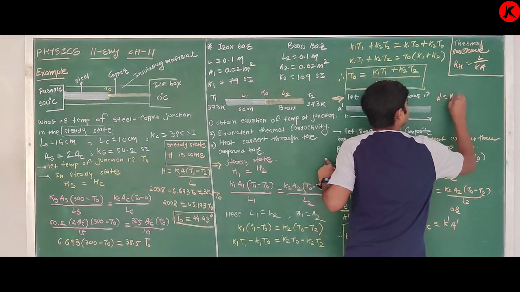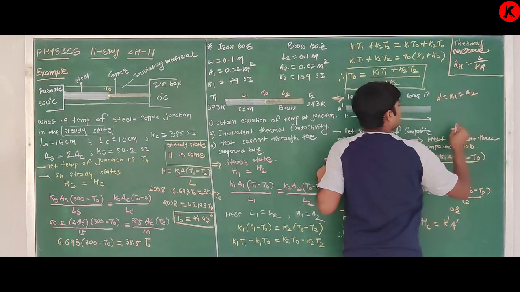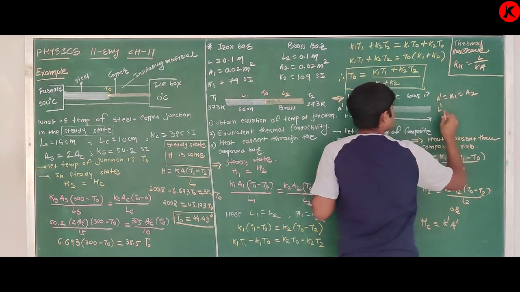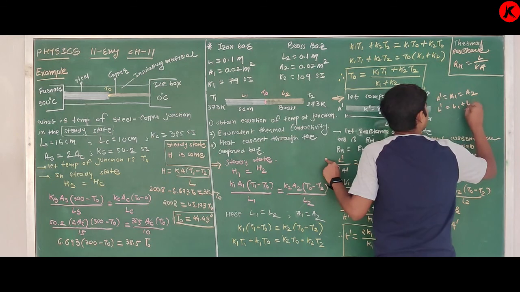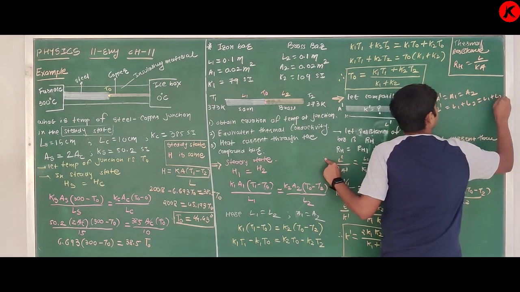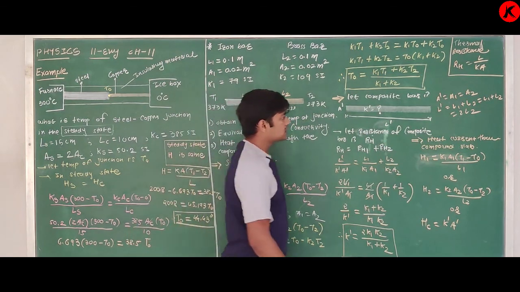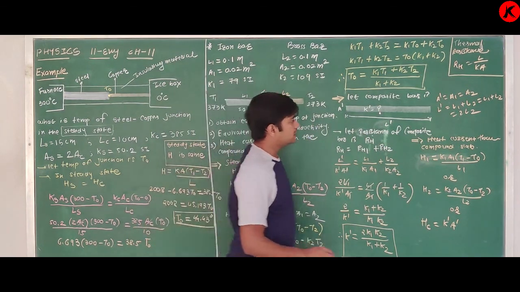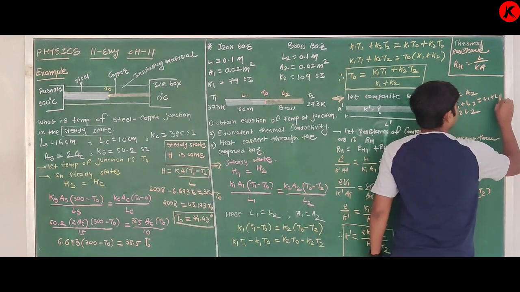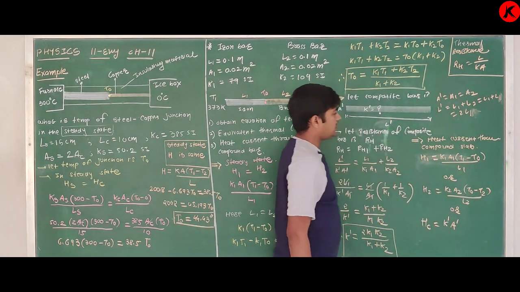Here A dash is equal to A1 is equal to A2, and L dash is equal to L1 plus L2, it is L1 plus L1, means it is 2L1.